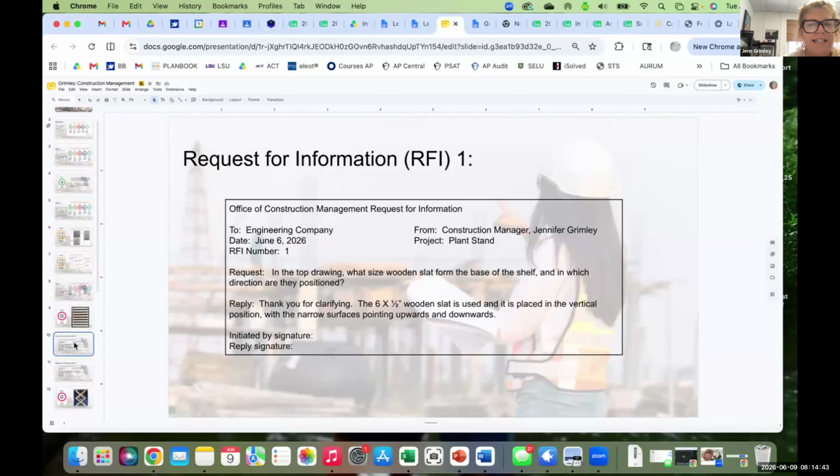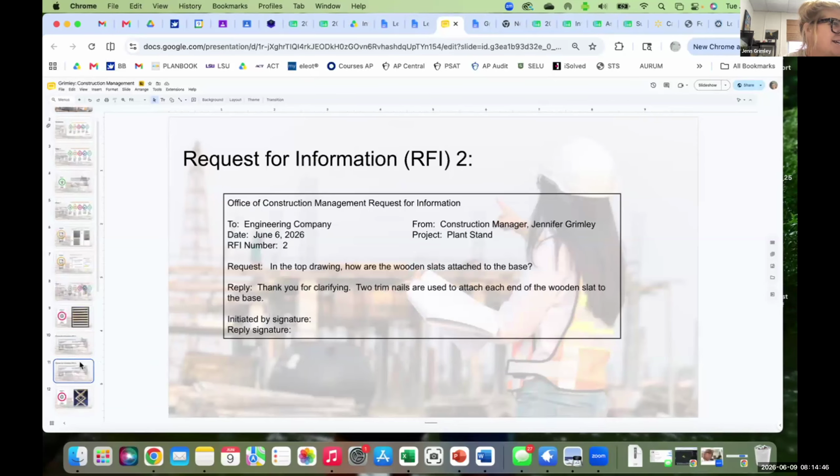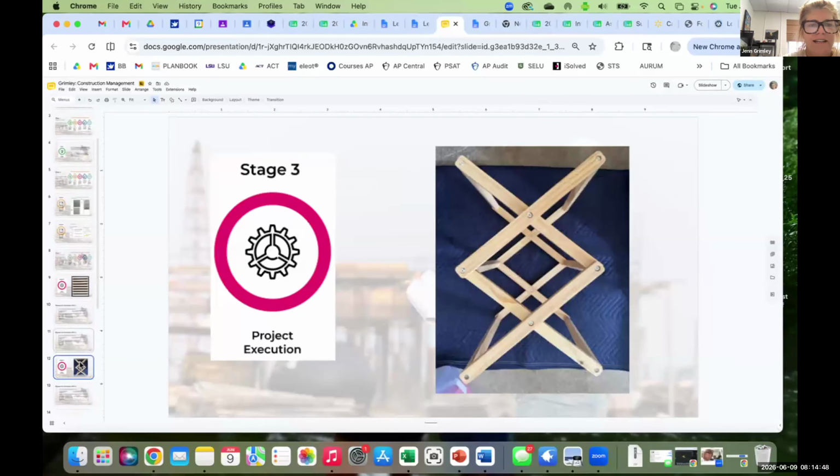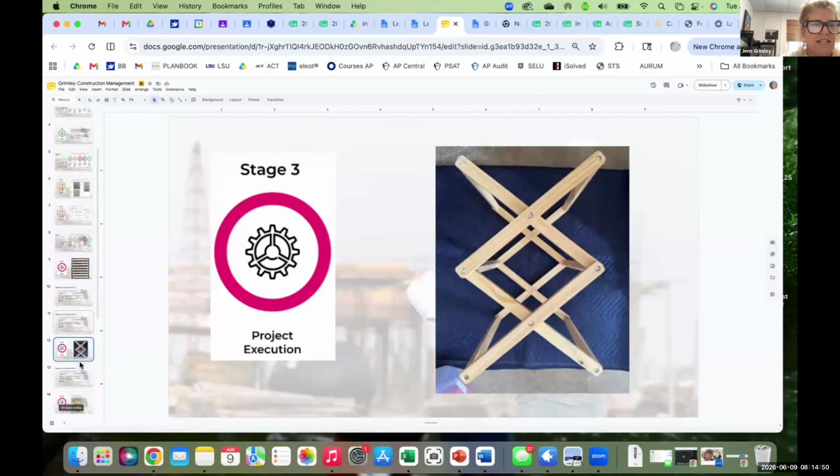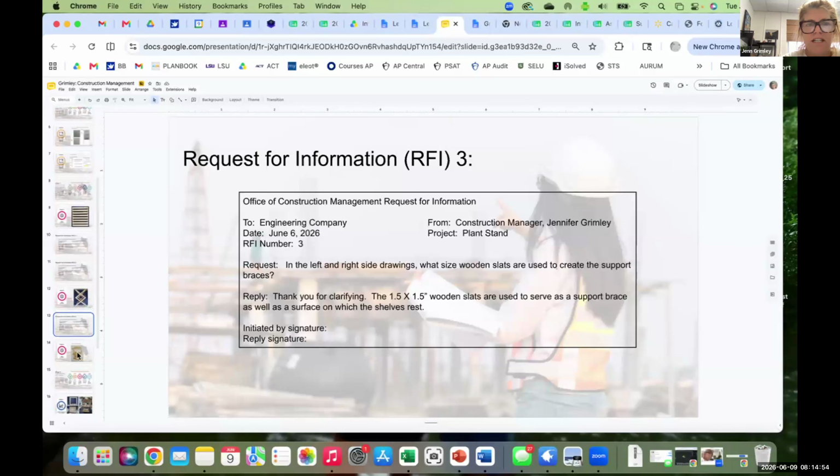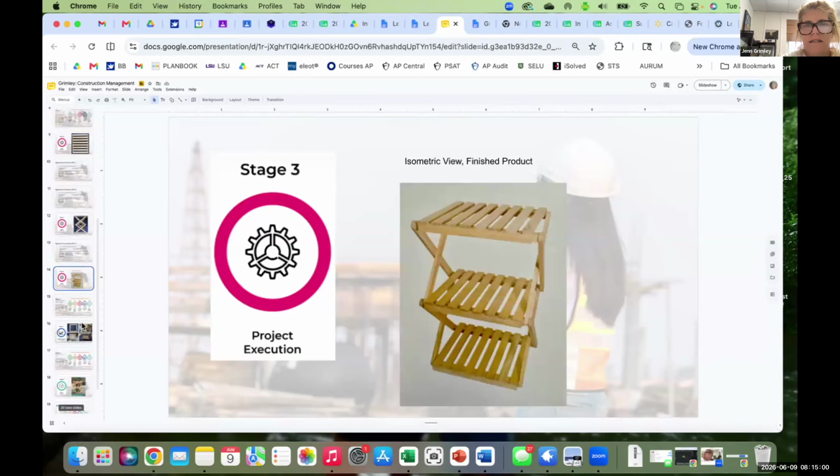As you can see, that's going to be an issue down the road because it's going to eat into the profit. That's just to continue the stage of construction: a third request for information, and the finished product.